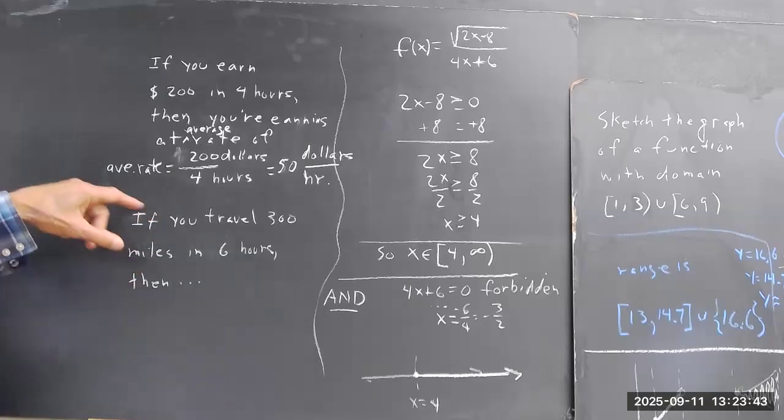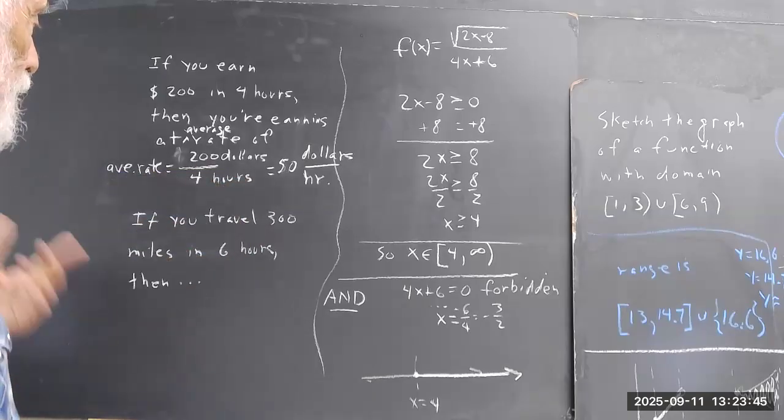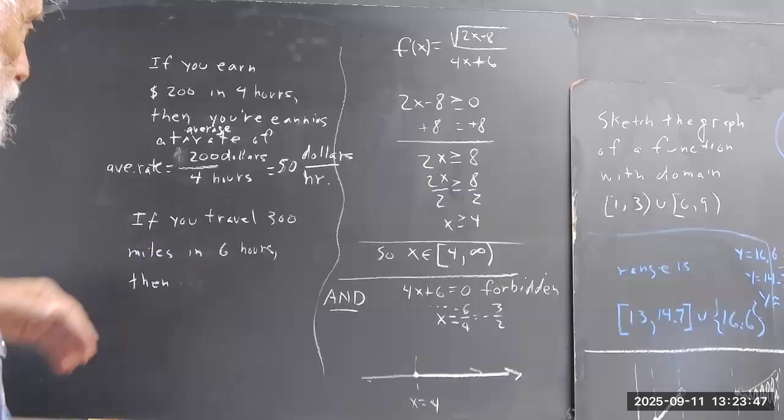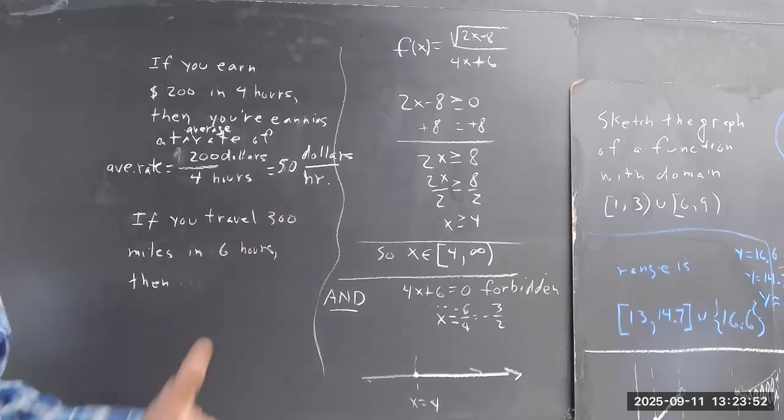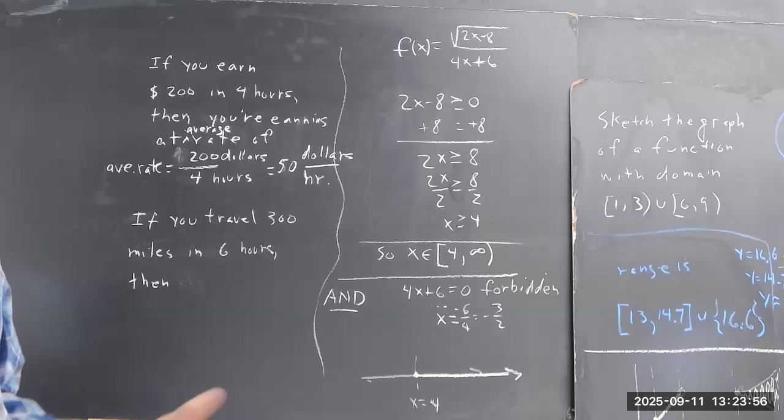Okay. If you travel 300 miles in 6 hours, then what? Well, people average, the answer, well, it's 300 miles over 6 hours. You divide 300 by 6. And that's the first thing somebody thought of. But why would you do that?